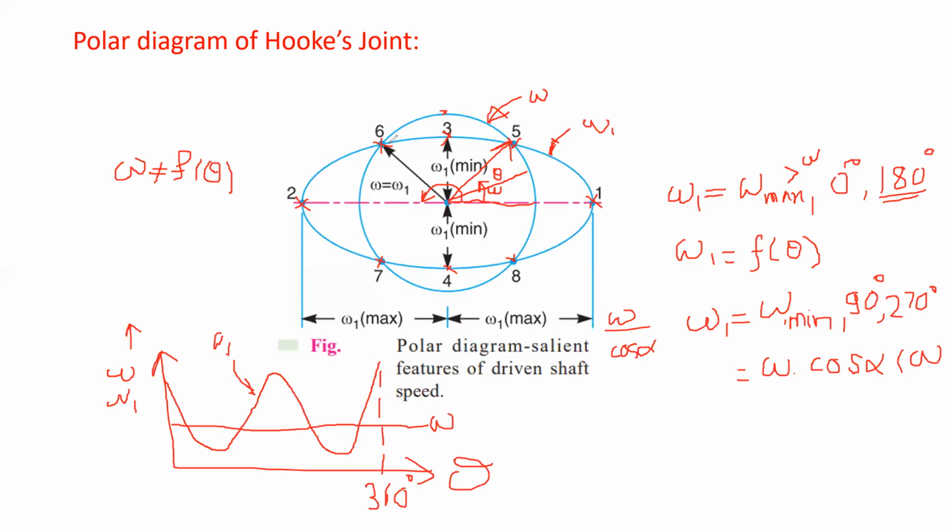so now let us concentrate on this point, that at particular values of angle theta, omega 1 is equal to omega. So let us find out those values of theta where it is possible.